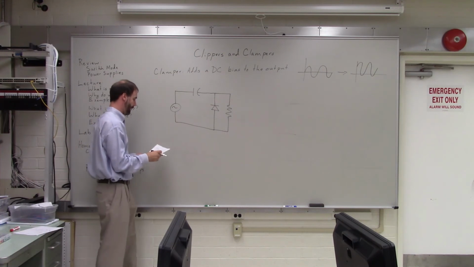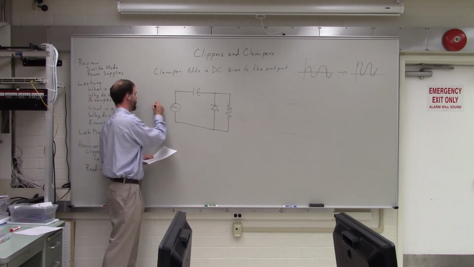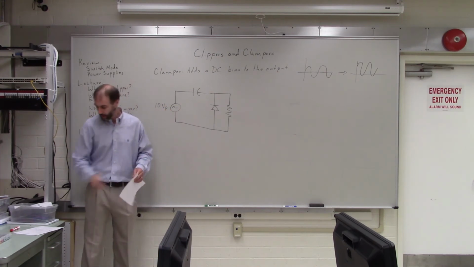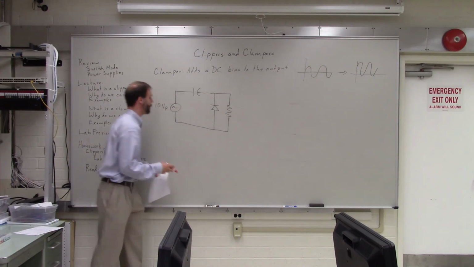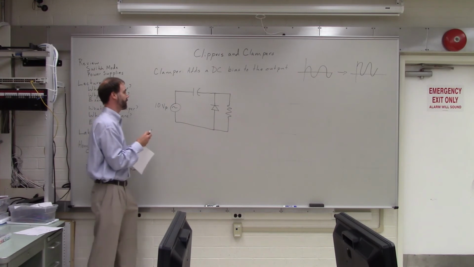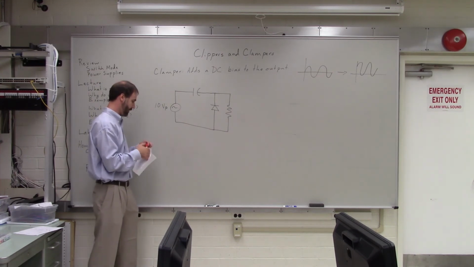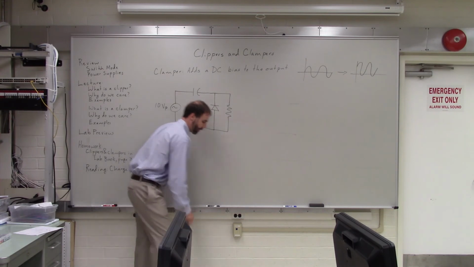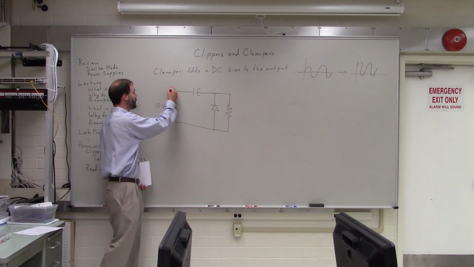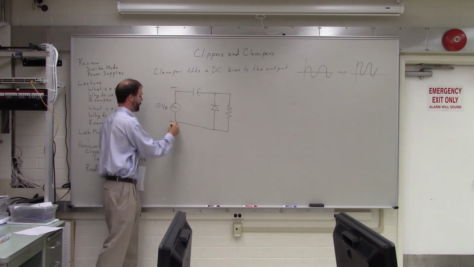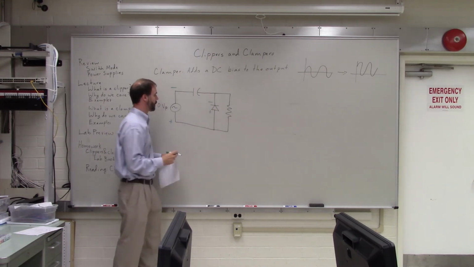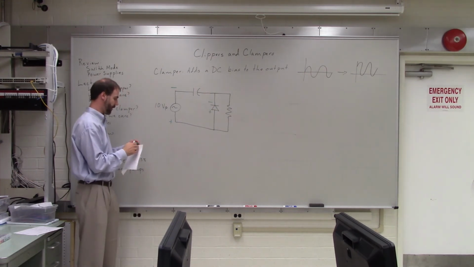So again, let's say that we have a signal that's coming in that's 10 volts peak, and it's an AC signal, so we'll look at the two cases when we have a positive voltage up here, and then when we have a negative voltage up there. We'll start with the positive. Actually, in this case, it's more instructive to start with the negative case. So we've got a negative voltage up here and a positive voltage down there.